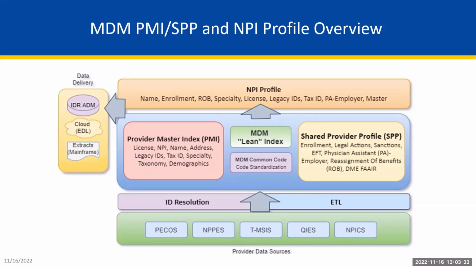We're combining both current and historical provider data from PECOS, which is the Medicare provider enrollment data, and from NPPES, which is provider enumeration data, where providers enumerate and get their NPI, our national provider identifiers. We also have T-MSIS data, which is around the Medicaid providers. And we have NPICS information as well, which was in the past an NPI crosswalk dealing with a lot more legacy information, and that system has been retired.